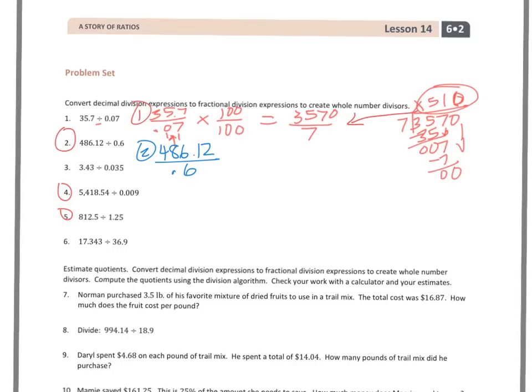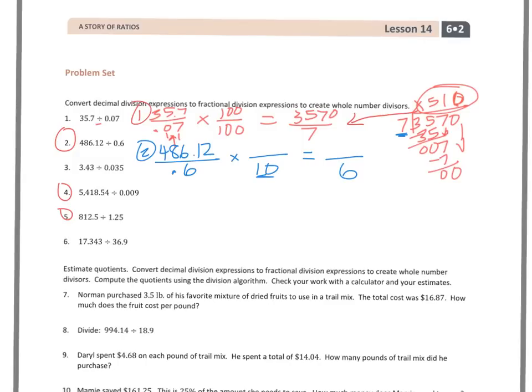Now again, it's about getting the divisor to a whole number, not necessarily the dividend, the top number. We just want to make sure that outside number is a whole number. So if this is tenths, I know if I multiply it by 10, it'll jump the number one place on the place value chart, which will get it over to a whole number of 6.